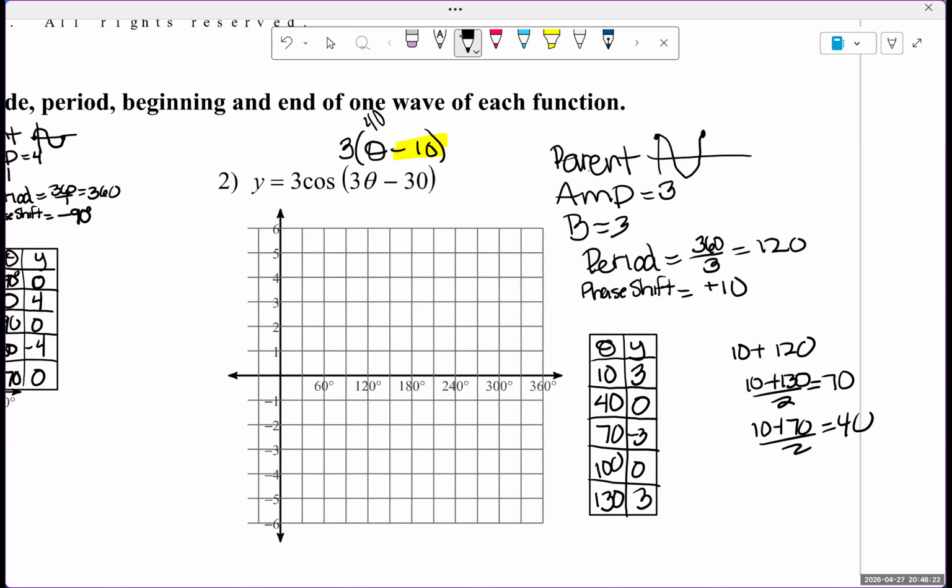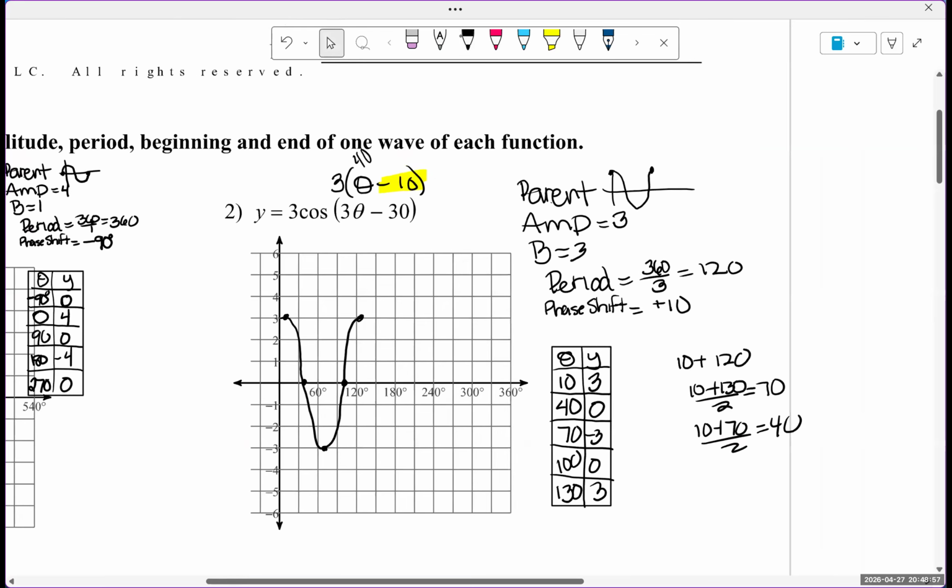So at 10, which is really hard to graph, 10 is 3, 40 is 0, 70 is negative 3, 100 is 0, and 130 is 3.